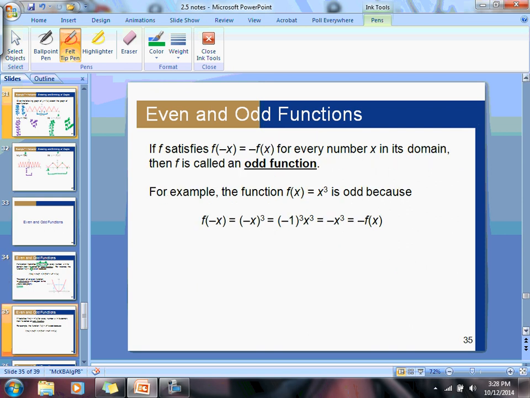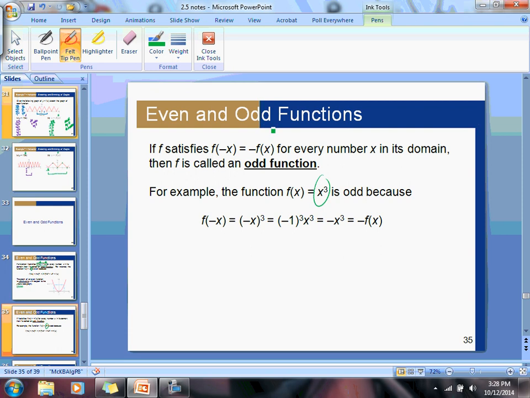Now, odd functions are functions that have odd exponents. So here we have x to the third, or it could be x to the fifth, x to the seventh, x to the ninth. And what happens then is that when you plug a number in, f of -x, into the function, you actually get negative f of x out.